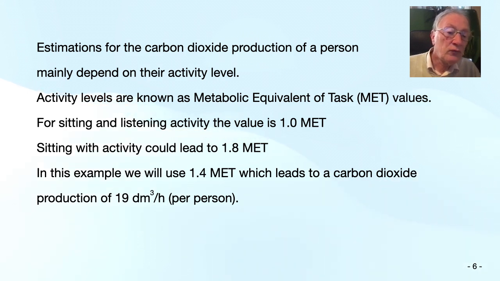If we have a lot of sitting activity, then that shows 1.8 met. We will use a 1.4 met, which comes with a production of 19 liters per hour of CO2. Of course, the person who stands speaking makes a bit more carbon dioxide.